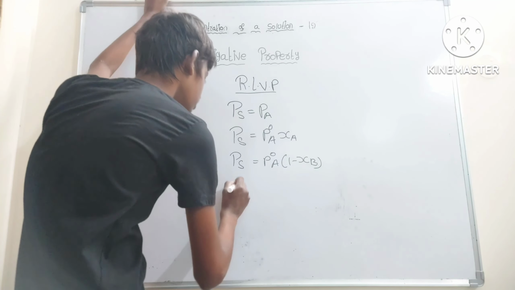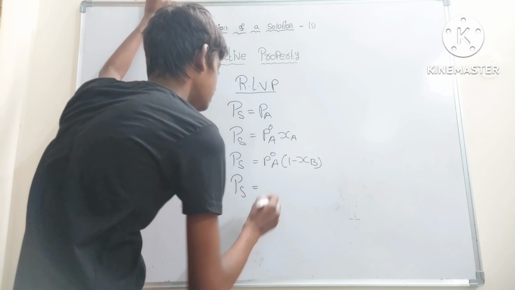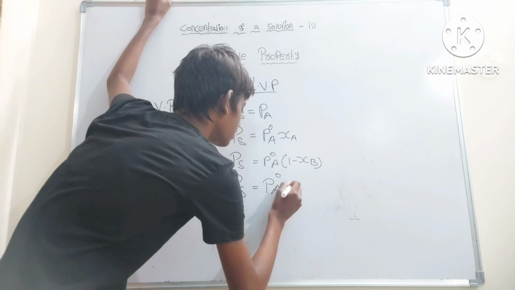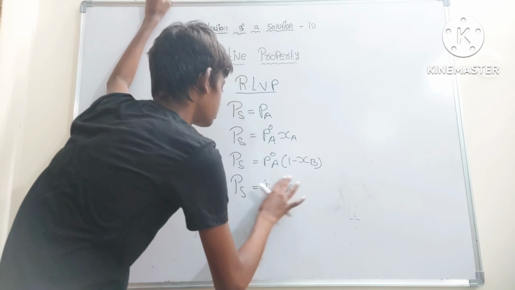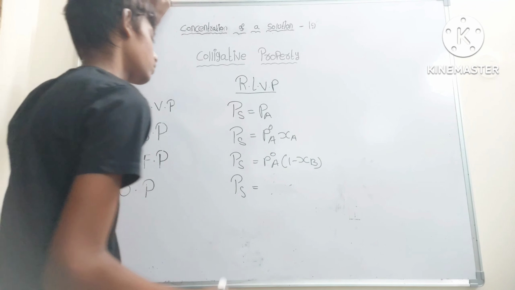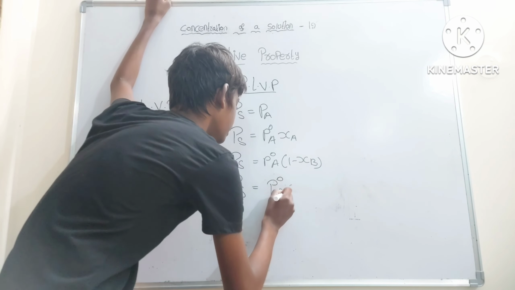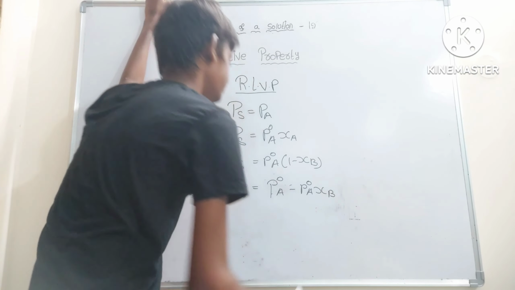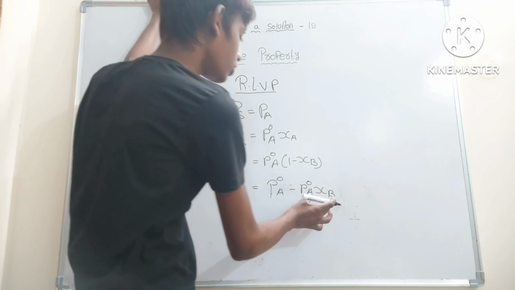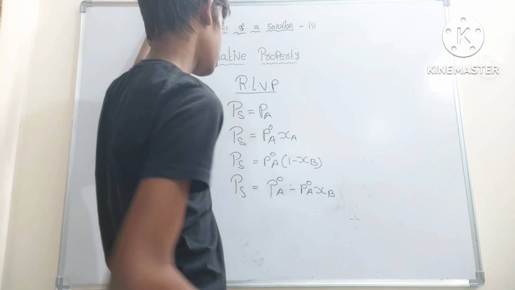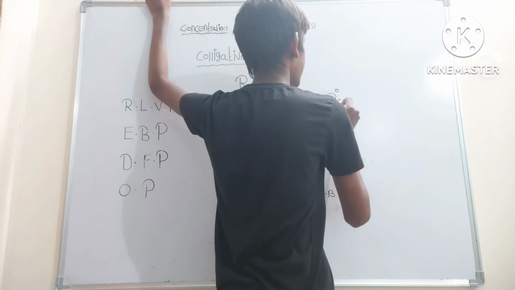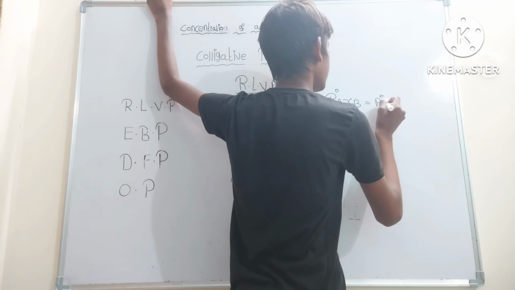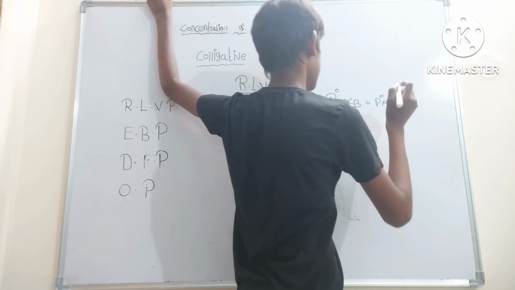PS is equal to P naught A minus P naught A XB. Now you have to change this: P naught A XB to this side, PS to this side. P naught A XB is equal to P naught A minus PS.